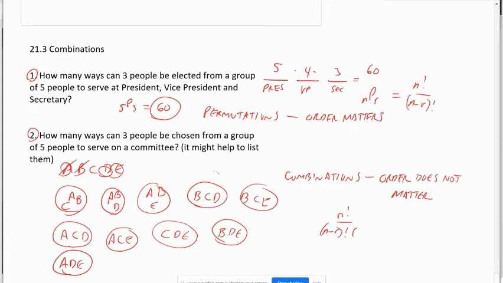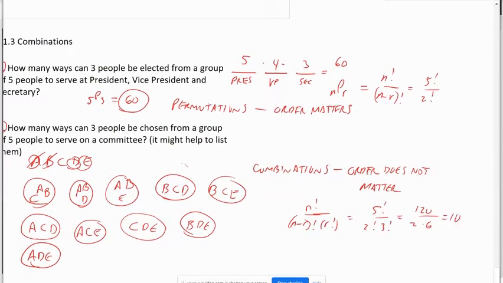For this one, we originally had 60, which was 5 factorial over 2 factorial. But then we have to divide by 3 factorial because every group of 3 has 3 factorial ways of permuting them. So we're going to divide by r factorial also. For this one, that would be 5 factorial over 2 factorial times 3 factorial, and you see that that does come out to 10. This is 120 over 2 times 6. So that shows that it is 10.